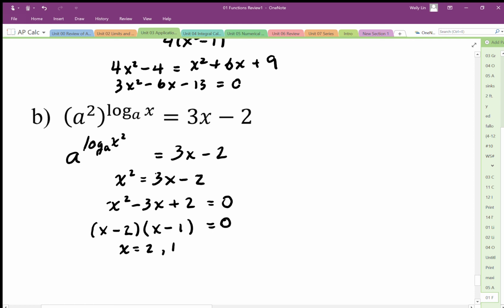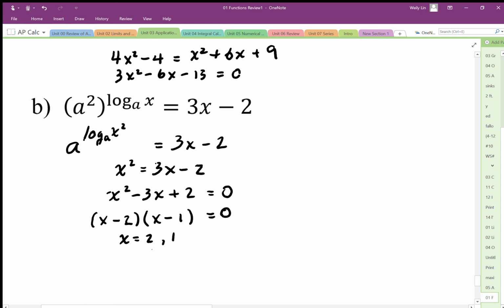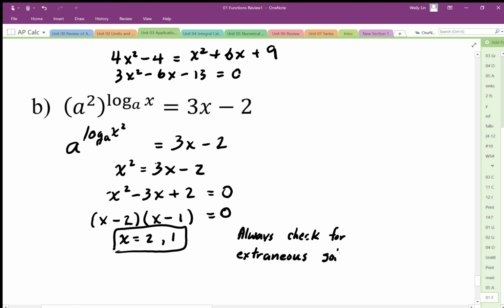Can we put 1 back into this equation? Yeah, both are okay. Therefore, these are good solutions. I'm just going to make a note here. Always check for extraneous solutions. Okay, so always check for extraneous solutions.